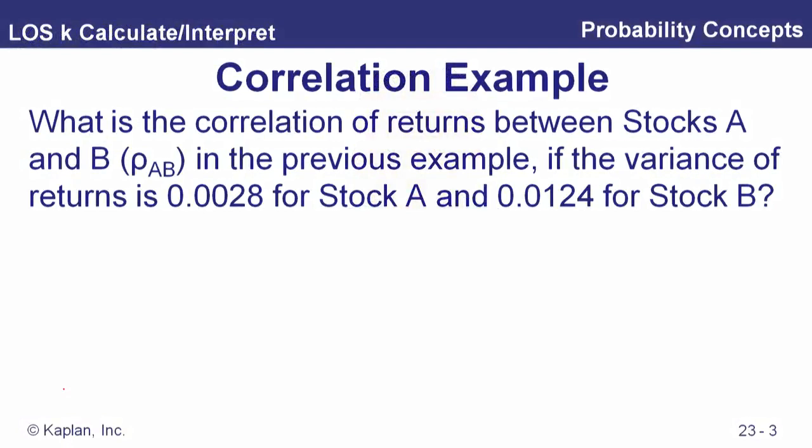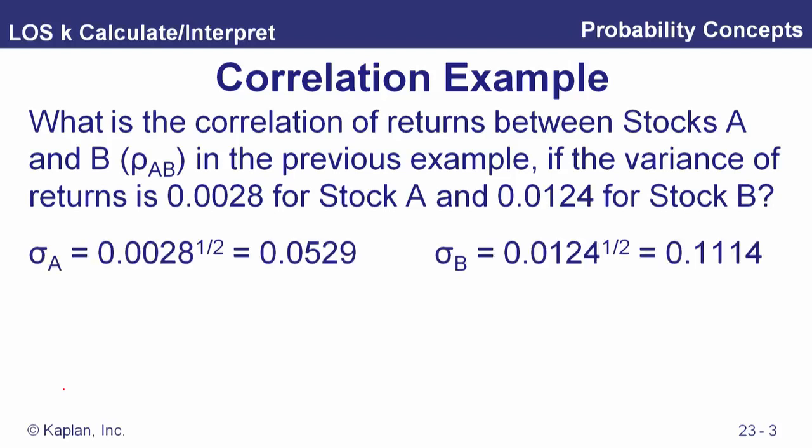So let's just crunch some numbers. What's the correlation of returns between stock A and B? And we write that, correlation AB. In the previous example, if the variance of returns is 0.0028 for stock A and 0.0124 for stock B. Well, note first off that we've been given the variances here, and we're going to divide by the standard deviations.